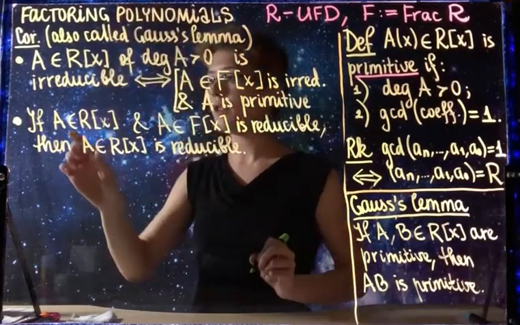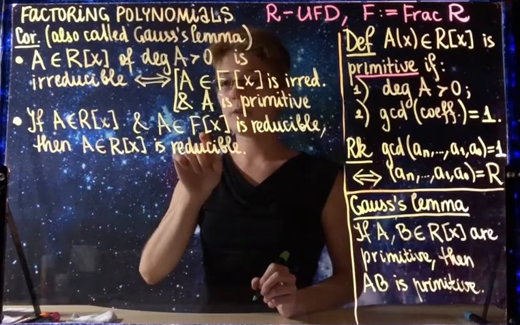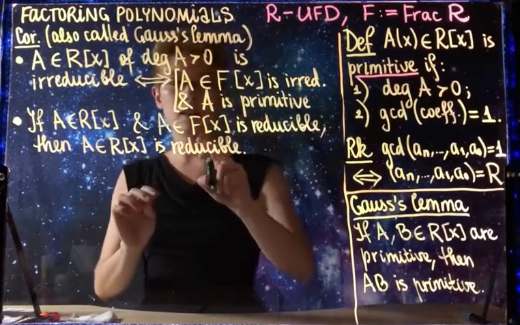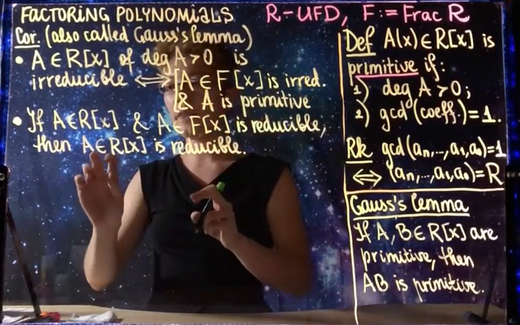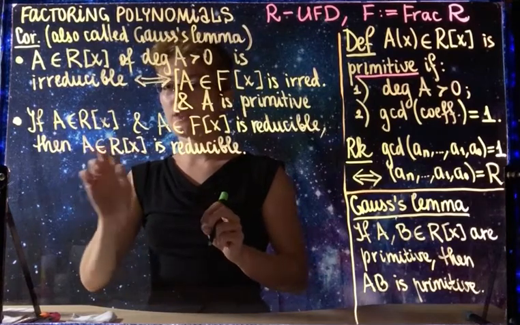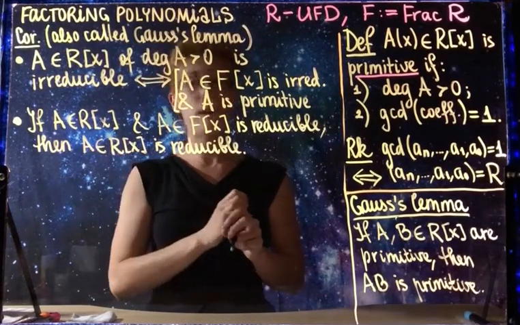So if we can factor a polynomial over the fraction field, then we can clear the denominators in such a way that A is factored in the original domain.